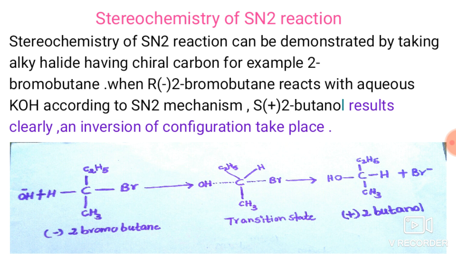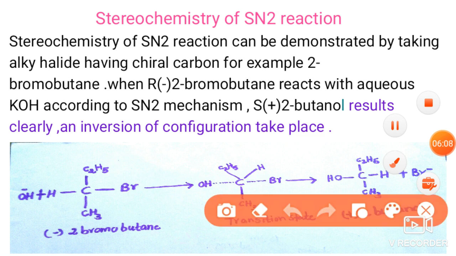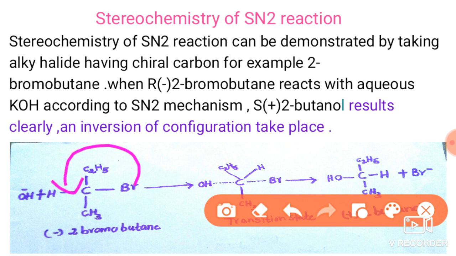Stereochemistry of SN2 reaction. Stereochemistry of SN2 reaction can be demonstrated by taking alkyl halides having a chiral carbon, for example 2-bromobutane. When the right-handed configuration of 2-bromobutane reacts with aqueous KOH, that is potassium hydroxide, by the SN2 mechanism, it always gives the left-handed configuration of 2-butanol.